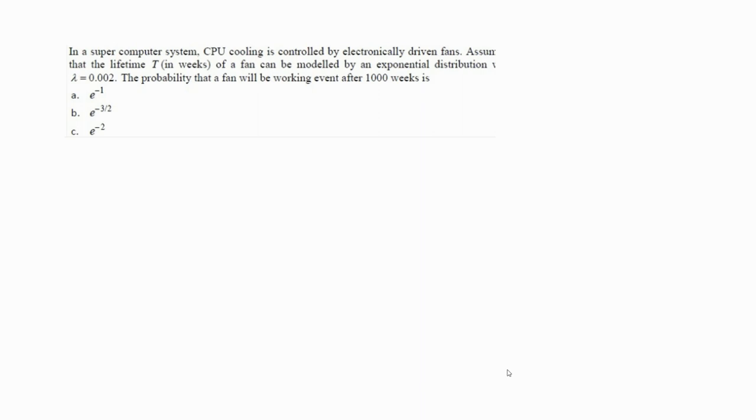Now we want to find the probability that a fan will be working even after 1,000 weeks. So given here is that lambda is equal to 0.002, and we want the probability of x greater than 1,000.